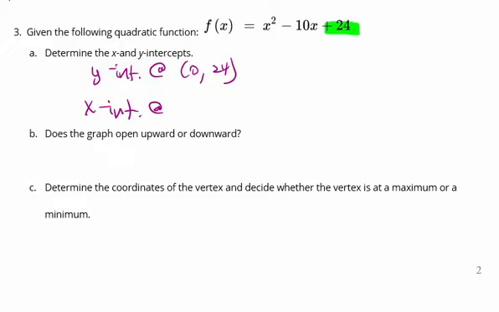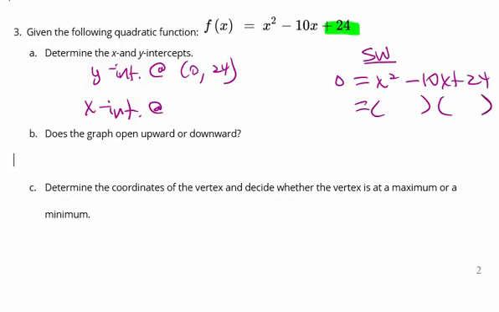So for the x-intercepts, we're just going to do a little bit of scratch work on the side and set y equal to 0, and then see if we can put this in factored form. I want factors of 24 that add to give me negative 10. And so that's a negative 6 and a negative 4.